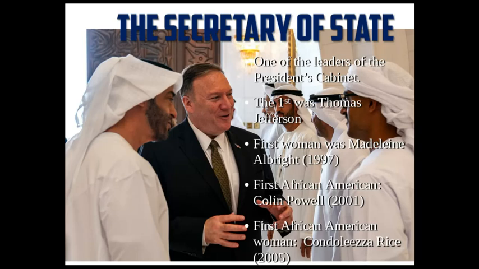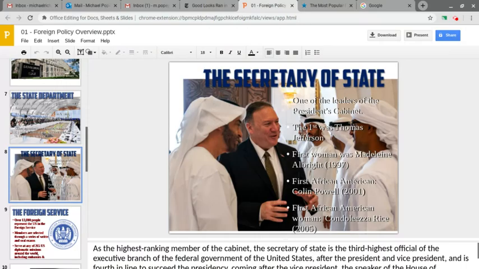It's actually the third highest official of the executive branch of the federal government. So you have the president, the vice president, and after the Speaker of the House, the Secretary of State. So let's keep going. We're plugging along.